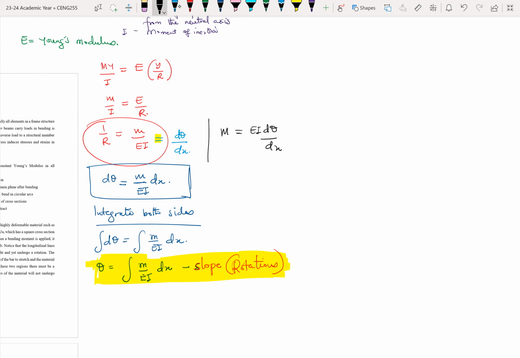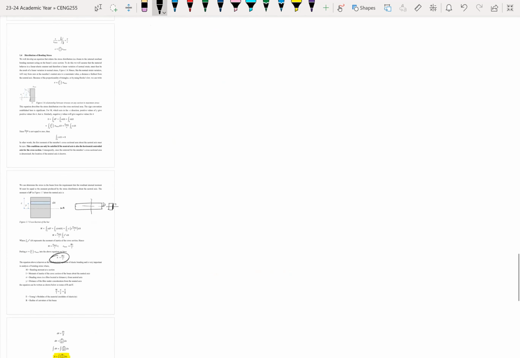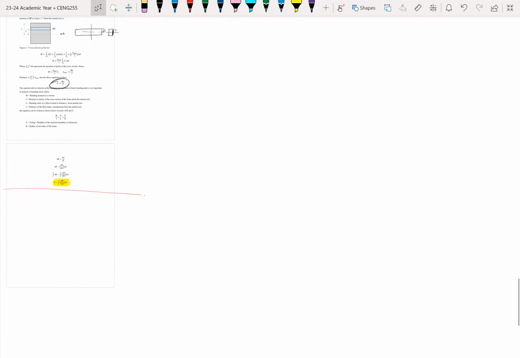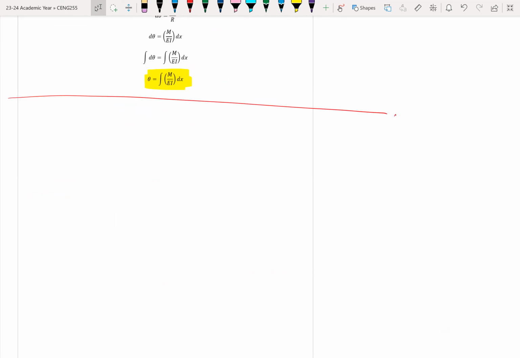We tend to do a bit more to it than just writing it in this format. So let's look at completing the Bernoulli Euler equation, and with that, we'll need the double integration method in this case.